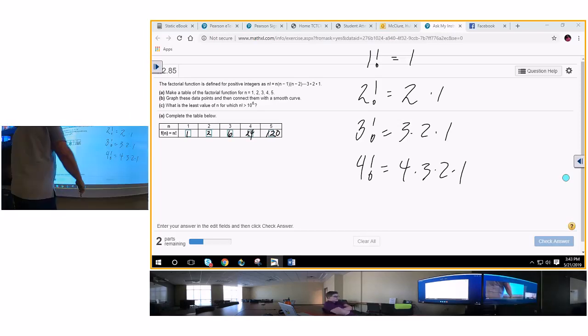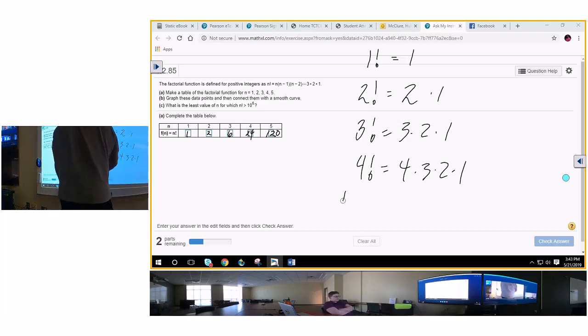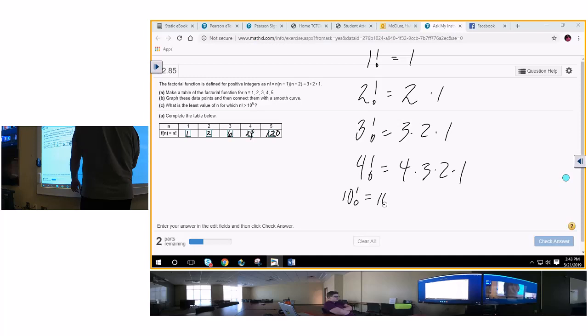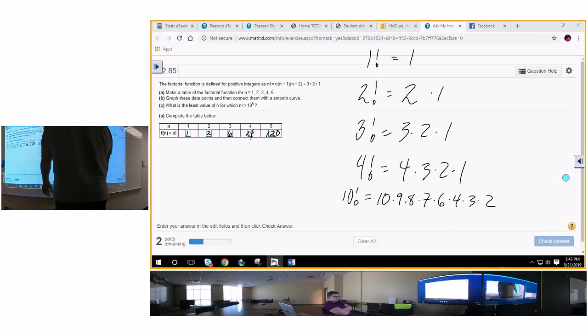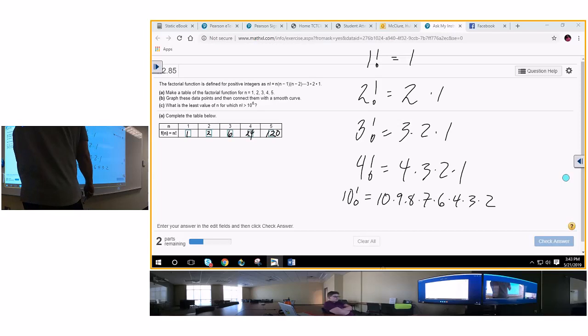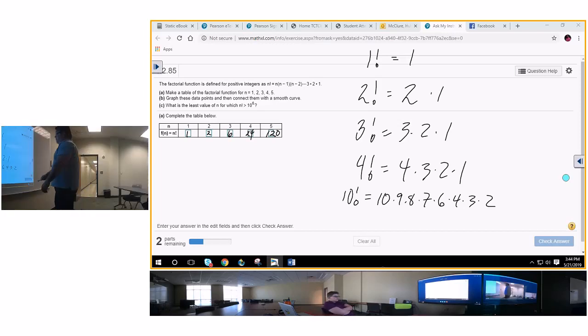And they want you to know that 10 factorial is going to give you a big number, close to 10 to the 6th, I believe. What's 10 factorial? Well, it's 10 times 9 times 8 times 7 times 6 times 5 times 4 times 3 times 2 times 1, but 1 doesn't matter. 10 times 9 is 90. 90 times 8 is 720. 720 times 7 is 5040. Somebody do 10 factorial in your calculator for me. It's a big number, an 8 digit number.